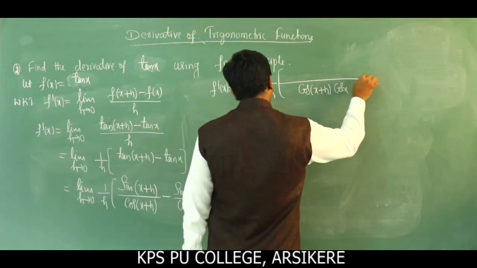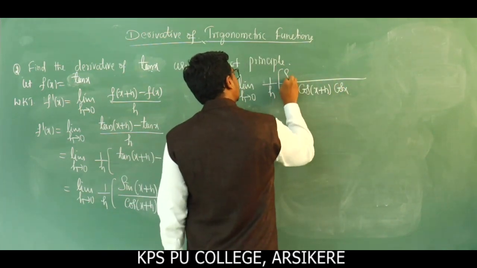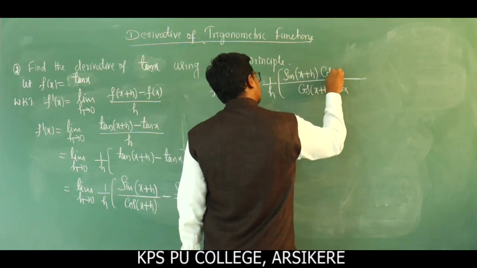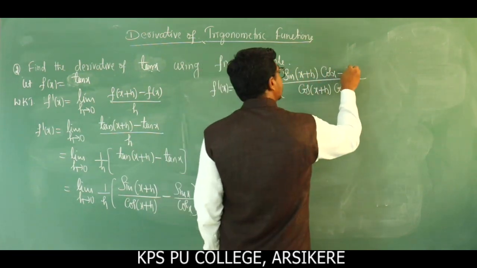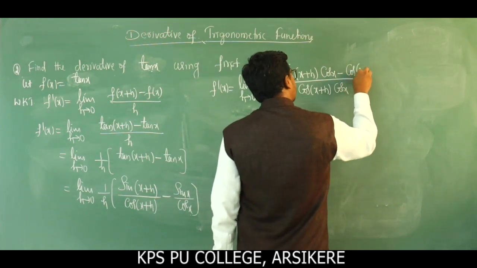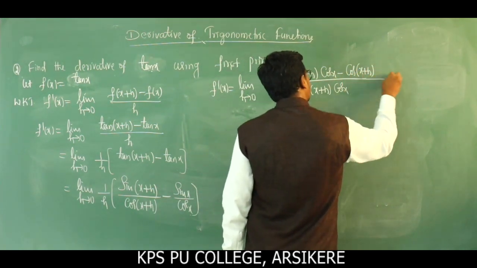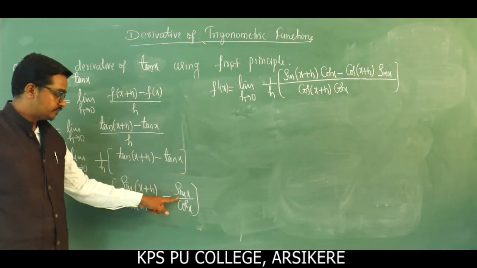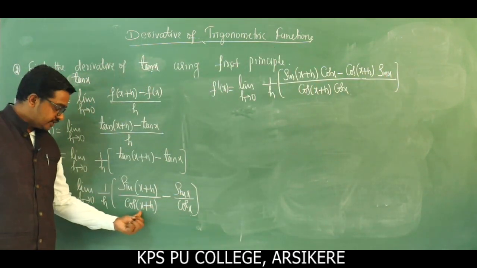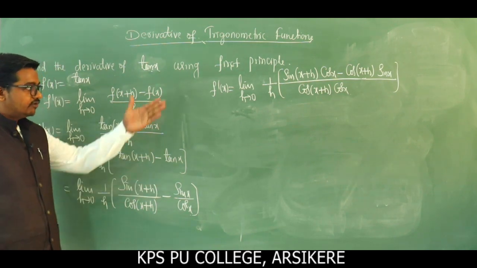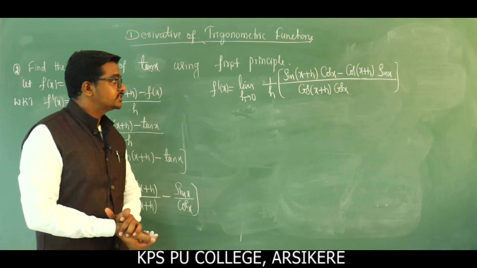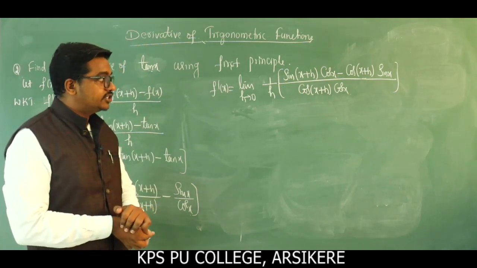In the numerator we have sin of x plus h into cos x, minus the second term, cos of x plus h into sin x.